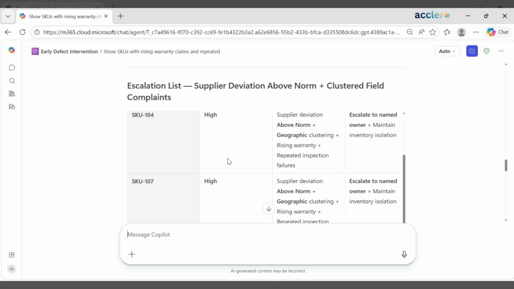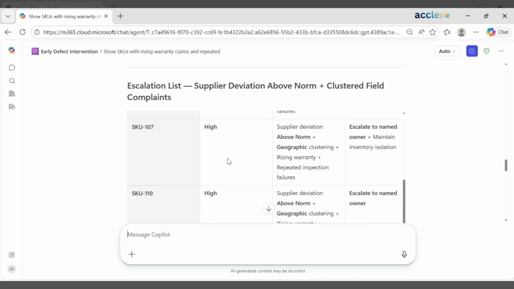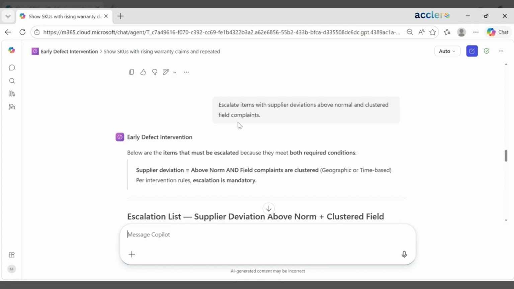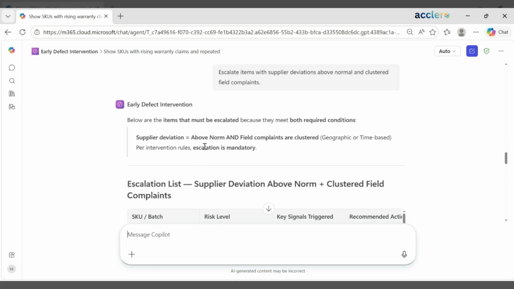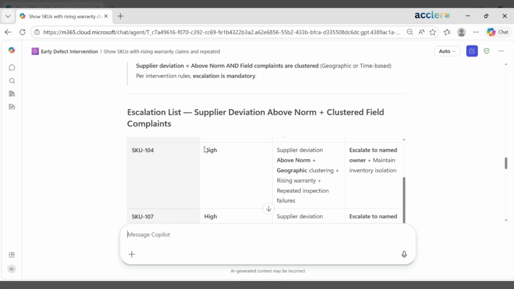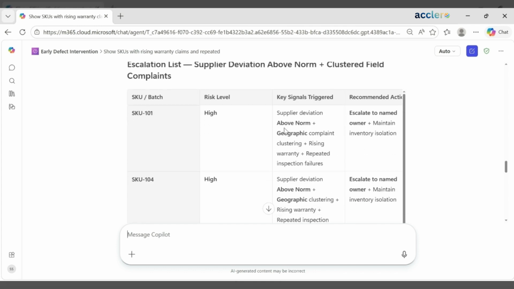Below are the items escalated because they meet the condition, that is, supplier deviation above norm and field complaints clustered, geographic or time based. So, these are some escalated SKUs.